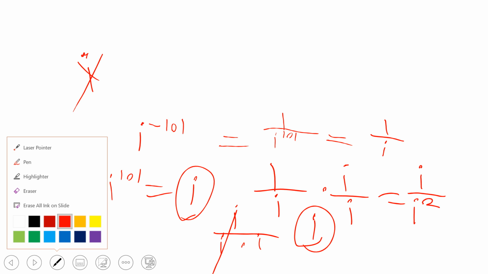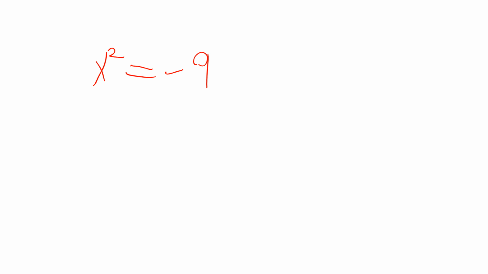And so we can raise i to powers, which is pretty easy. We can also solve equations with them. So let's say I have x squared equals negative 9, we're starting with negative 9. Well, we know that 3 squared equals positive 9, right?